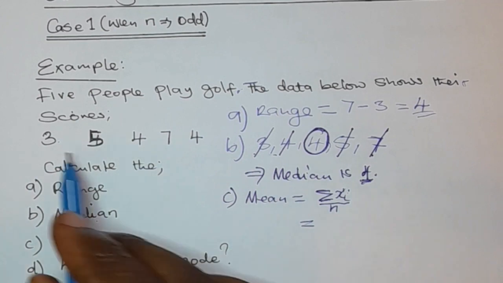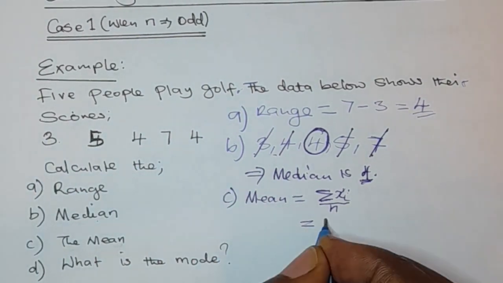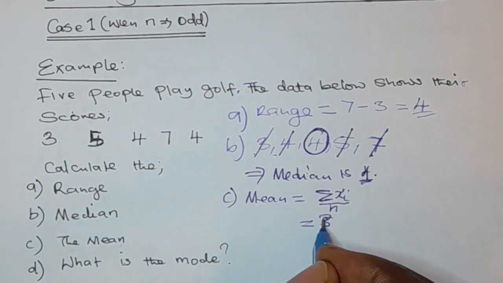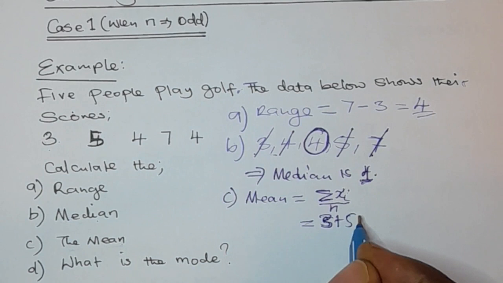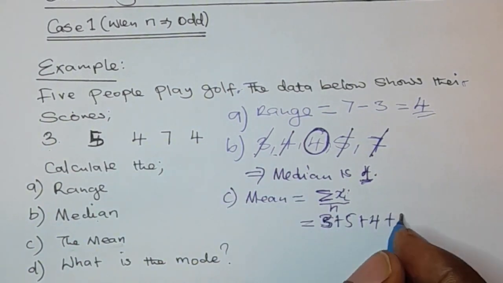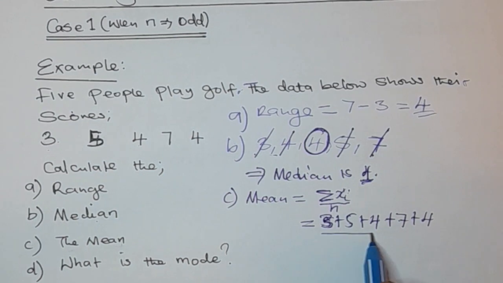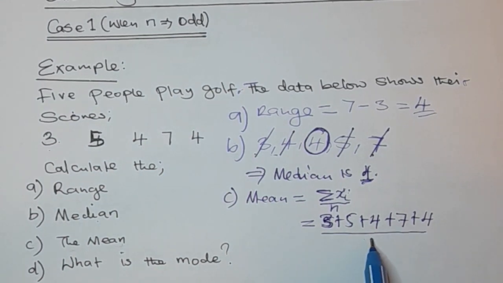So we have 3 plus 5 plus 4 plus 7 plus 4, then everything divided by n, which is 5.